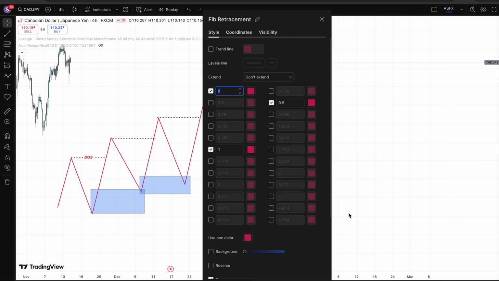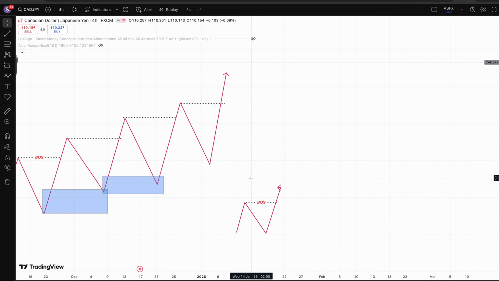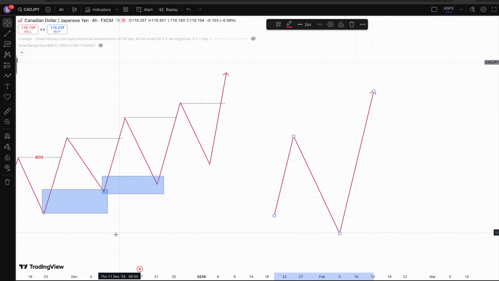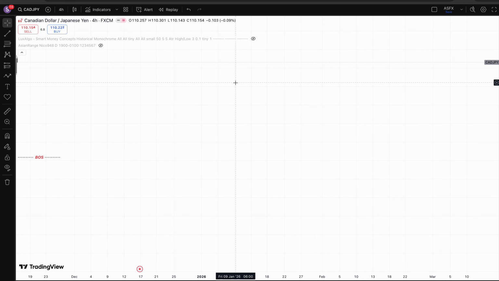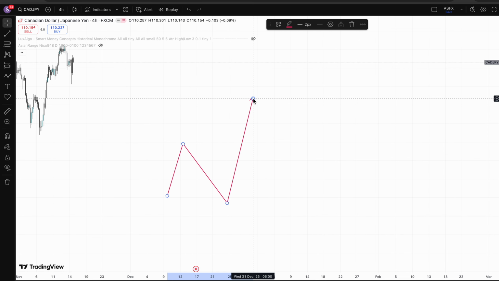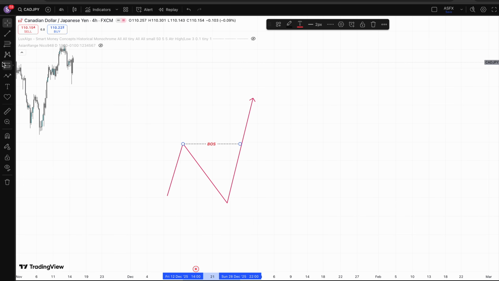Let me not overcomplicate this, guys. Whenever there's a break of structure, the market is going to retrace back to a level of demand zone and continue its bullish movement.